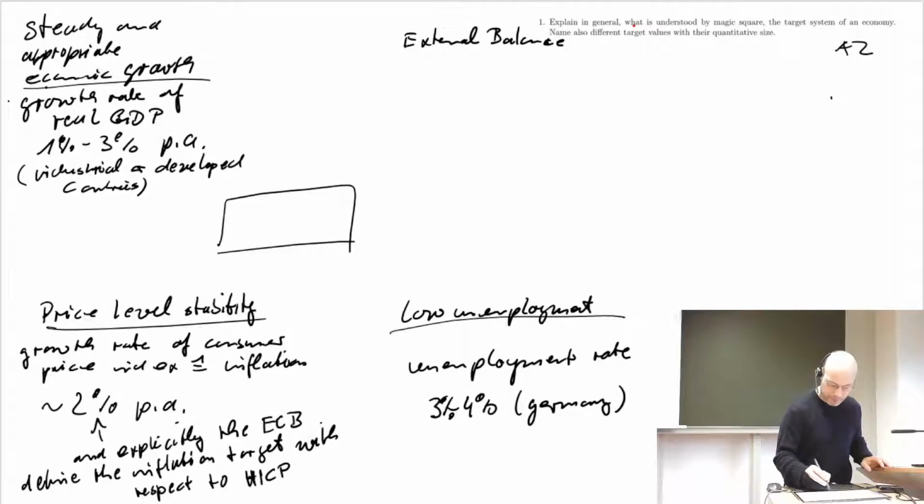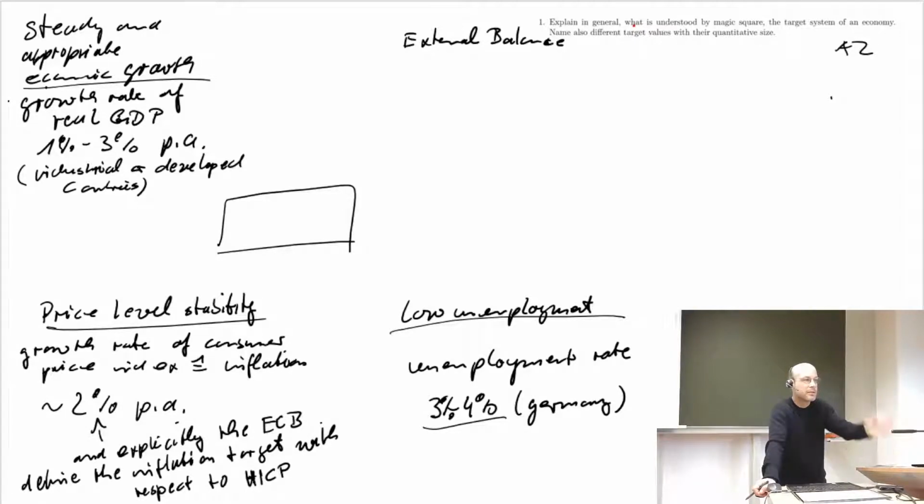And my question: why is this target not more in the neighborhood of 0? Because if we take the people who could possibly work in Germany, this is roughly 45 million people. And if we take 3 to 4%, then this is 1 million, 1.5 million people. This is quite a high number.